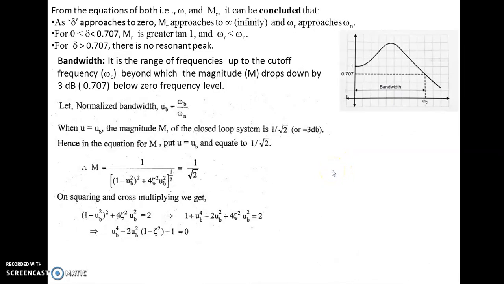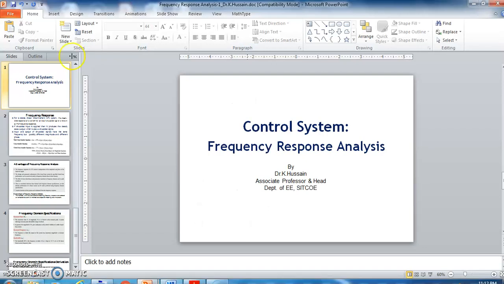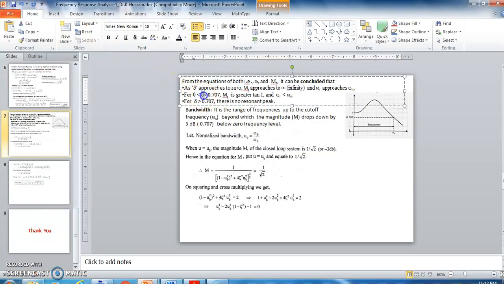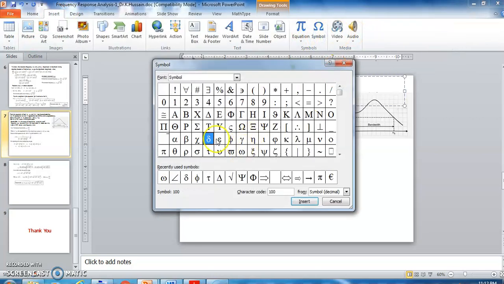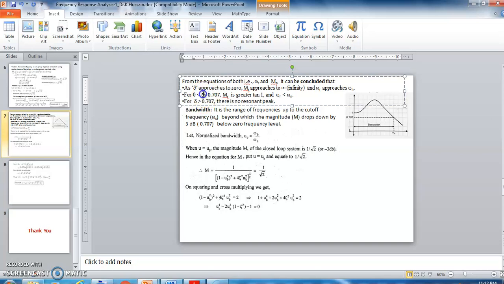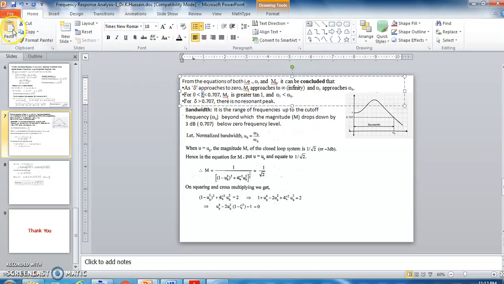Next, from the equations of both resonant frequency and resonant peak, you can conclude that as zeta approaches 0, Mr, the resonant peak, is greater than 1, and omega r is less than the natural frequency.